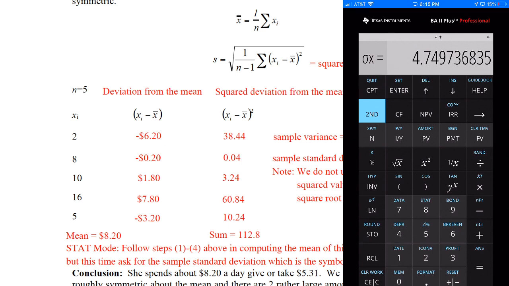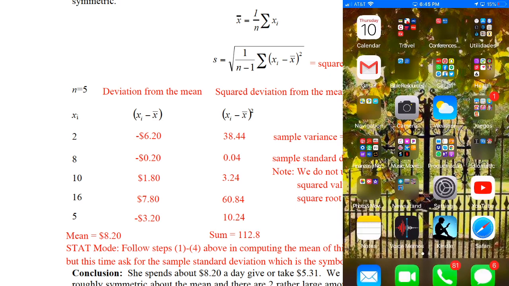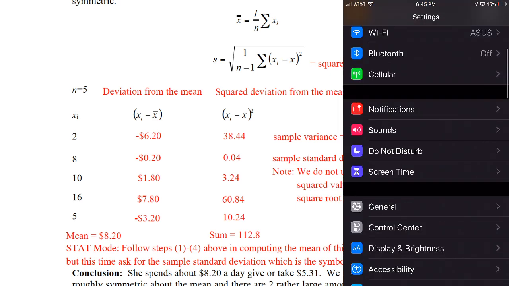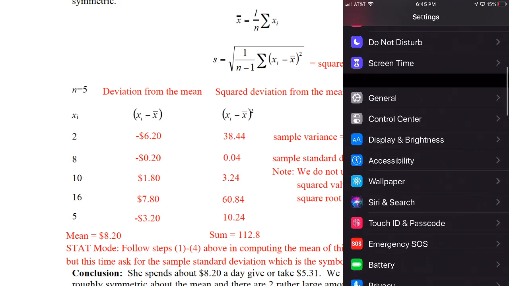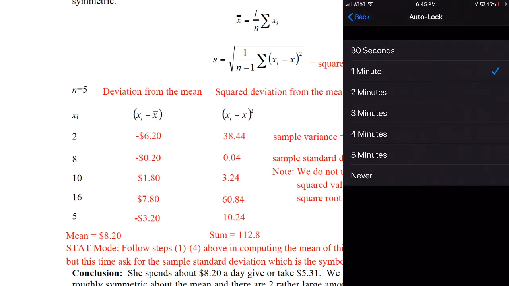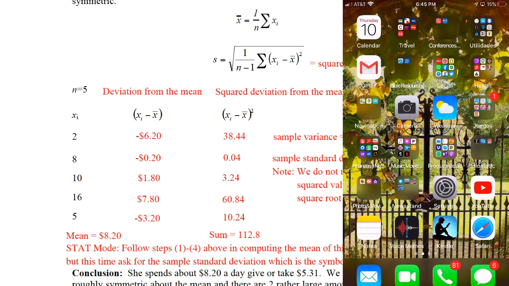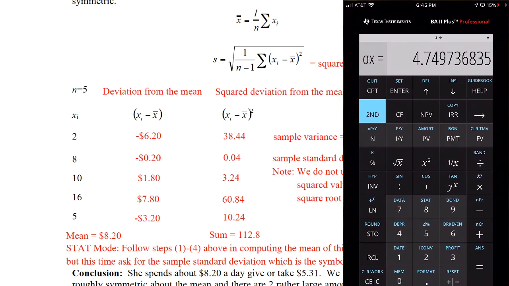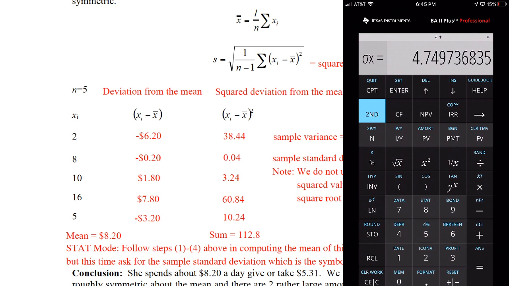I can't put the symbol on here. So sigma x. Sigma x is what? What's sigma x? Very good, Hector. It's the population standard deviation.